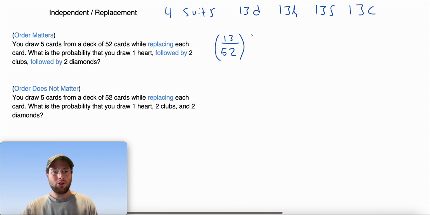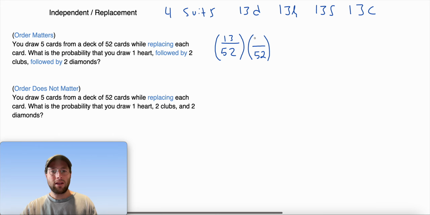Then we want to draw a club. Let's keep in mind here that we put that heart back into the deck. So we still have 52 cards. There's going to be 13 clubs total in the deck.